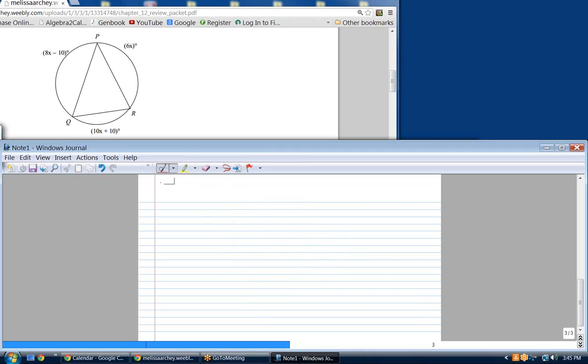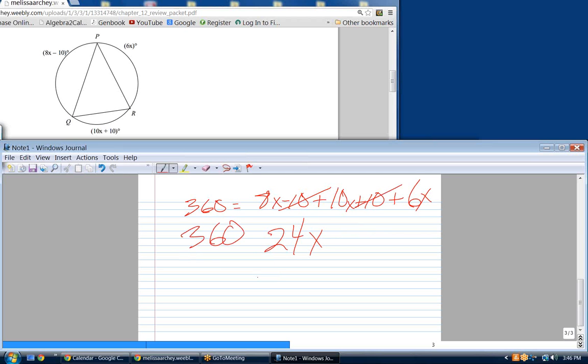So what equation can I write? 360 equals 8x minus 10 plus 10x plus 10 plus 6x. Because those are the only three arcs that make up the circumference of that circle. So that's 24x, the tens go away, equals 360, x equals 15.